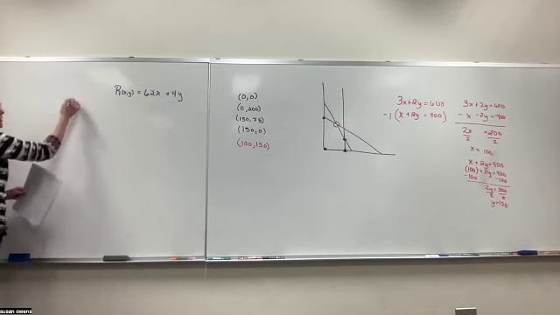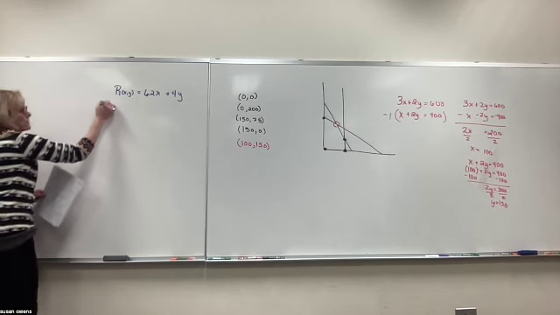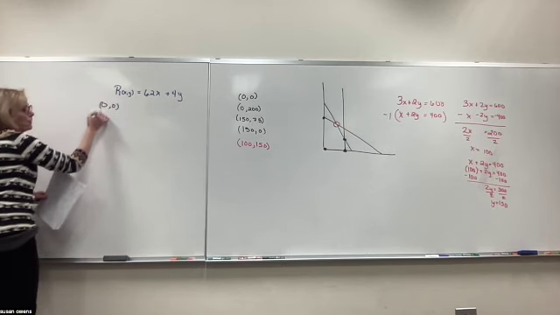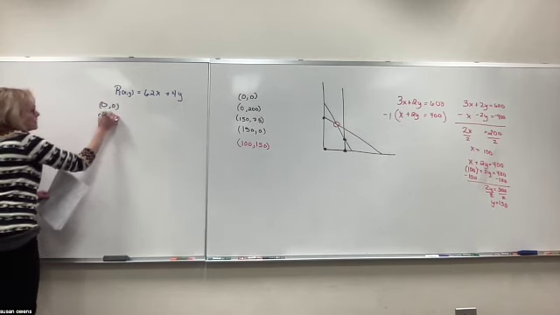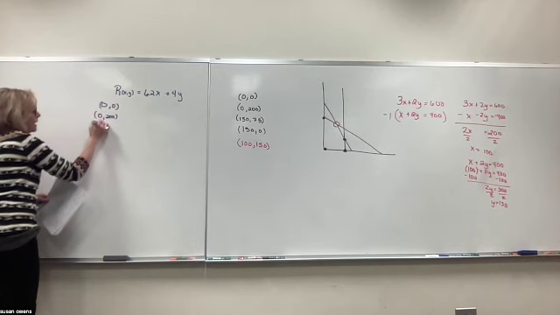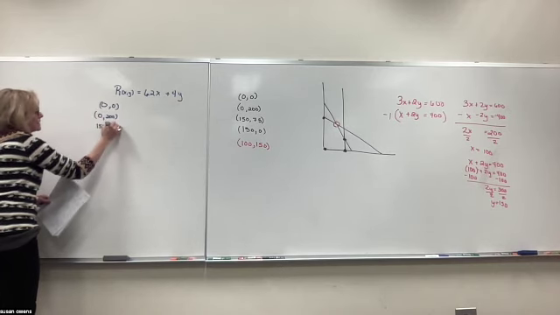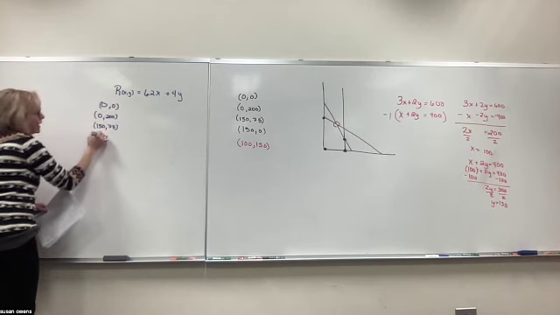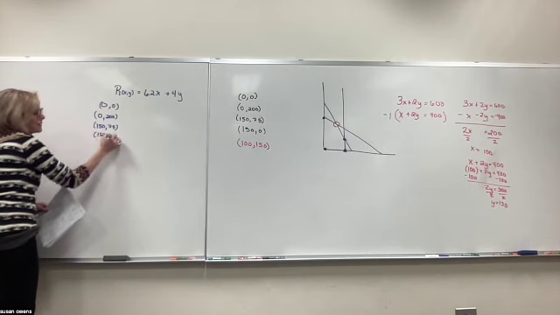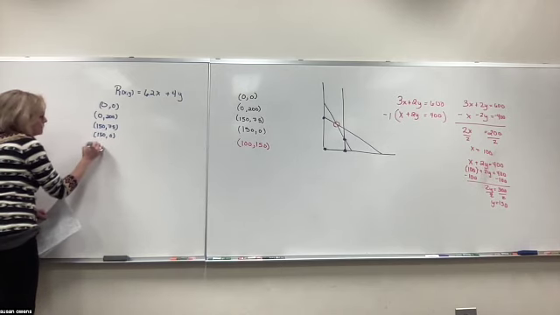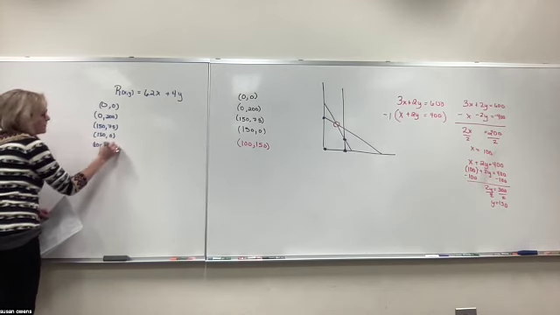So what we do is we take each of these corners, (0, 0), (0, 200), (150, 75), (150, 0), and (100, 150).